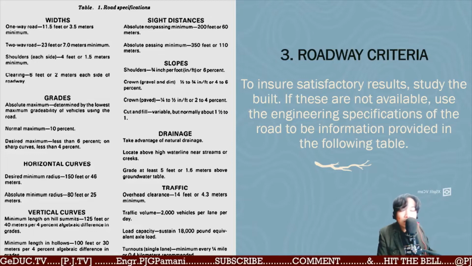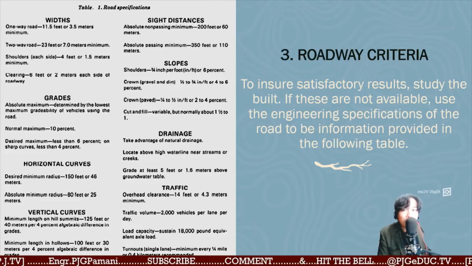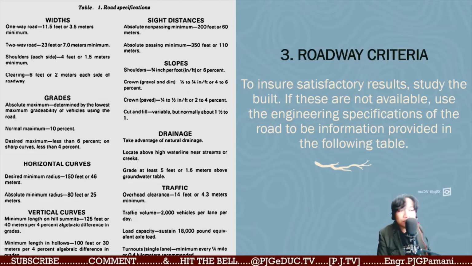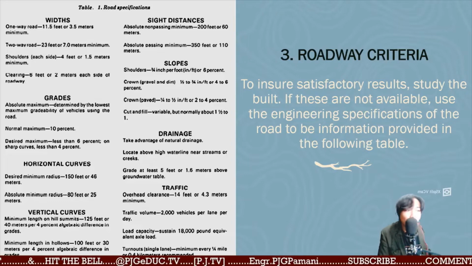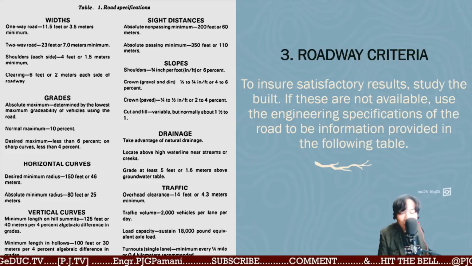Very important yan later on sa mga parking lots as well as sa mga overpass. Load capacity, turnouts, then traffic volumes. Traffic volumes, 2,000 vehicles per lane per day. So that is one consideration.